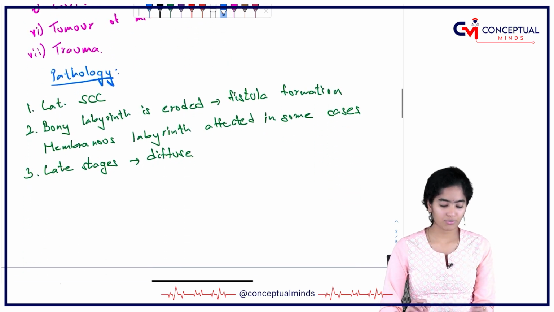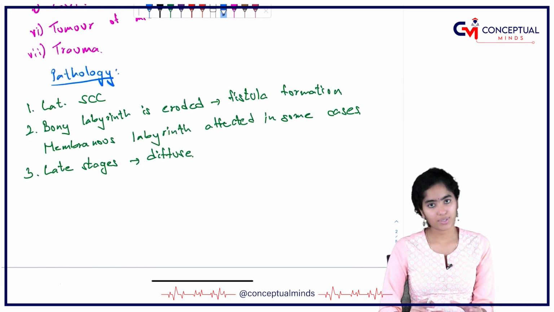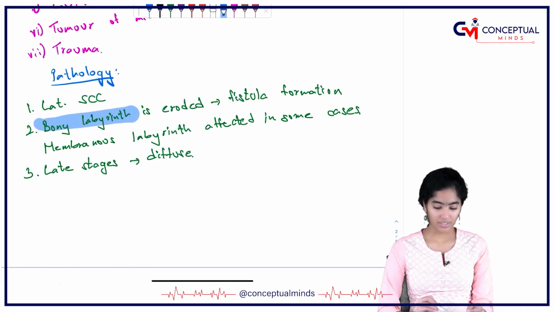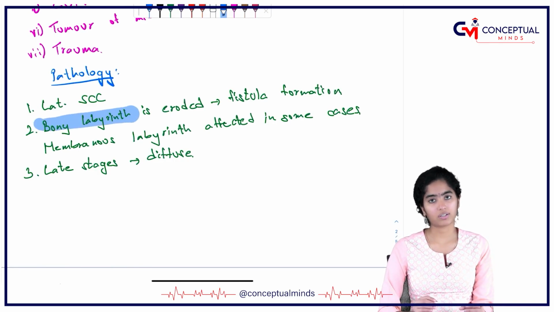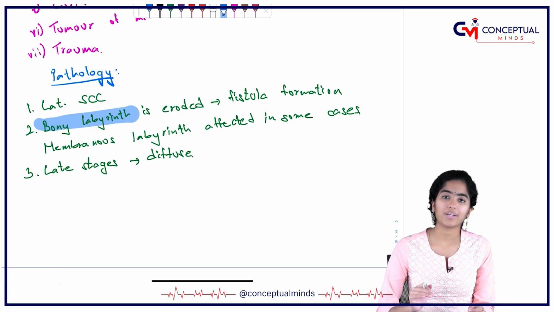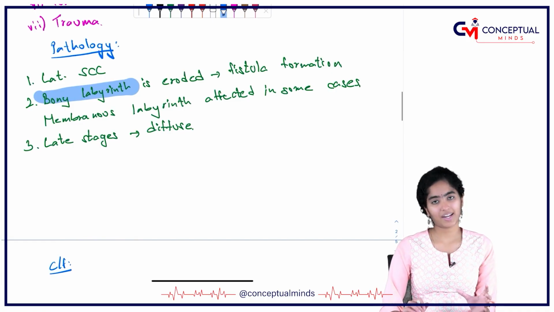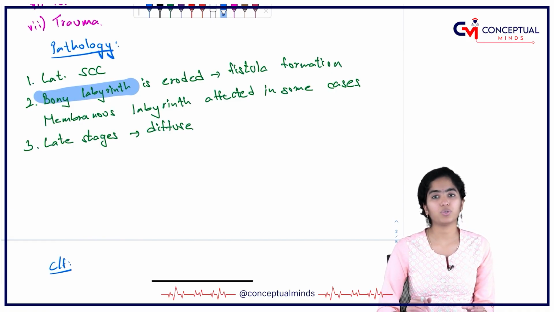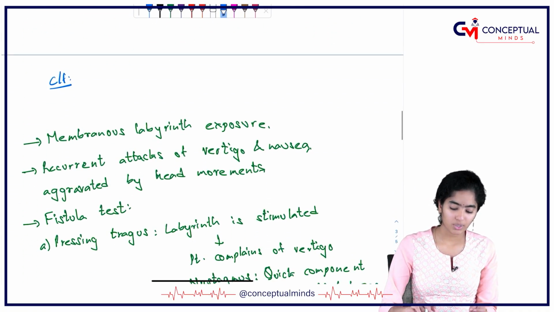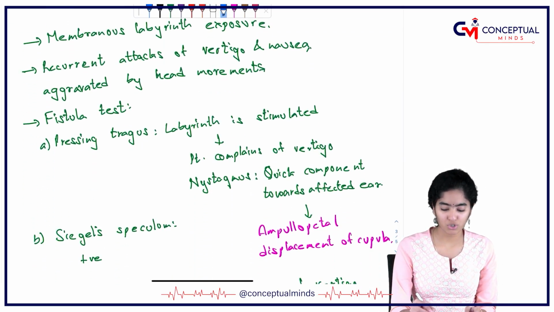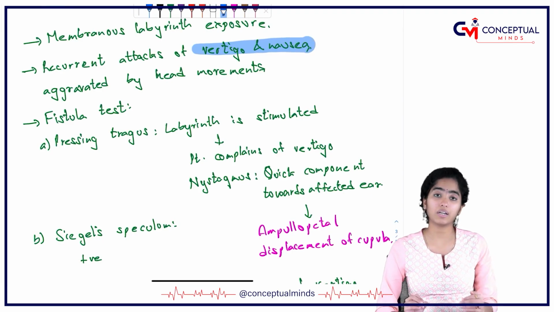If you look at the pathophysiology, the lateral semicircular canal is most commonly affected and the bony labyrinth is first eroded and a fistula forms. In some cases, even the membranous labyrinth is eroded, and in the late stages, this circumscribed labyrinthitis becomes diffuse labyrinthitis. Coming to the clinical features, because of the membranous labyrinth exposure, the patient experiences recurrent episodes of vertigo and nausea.